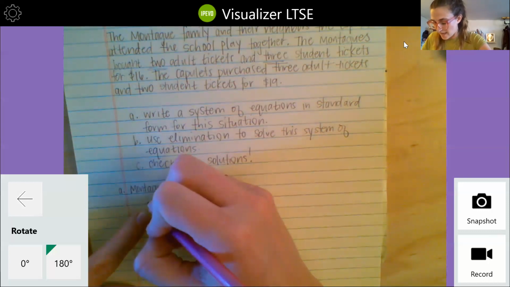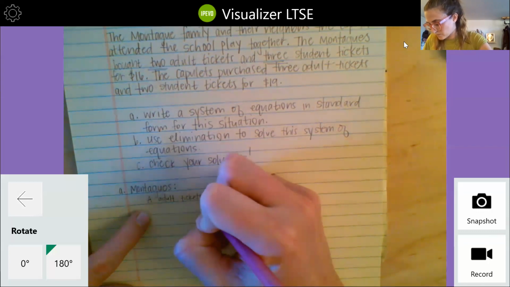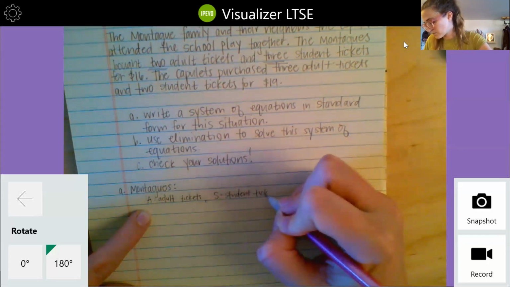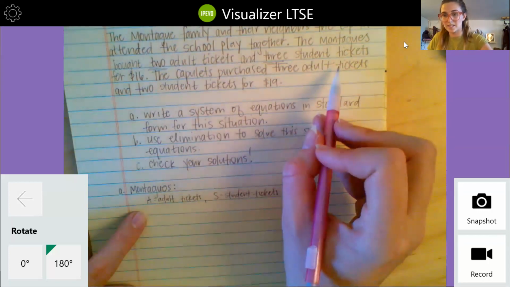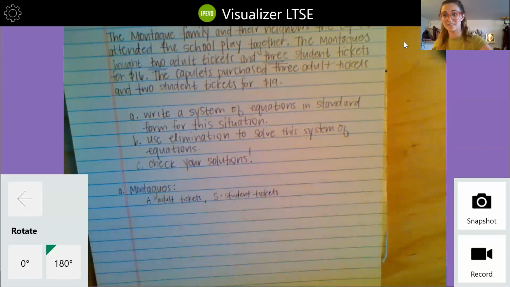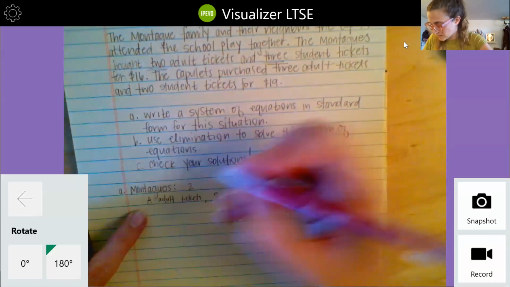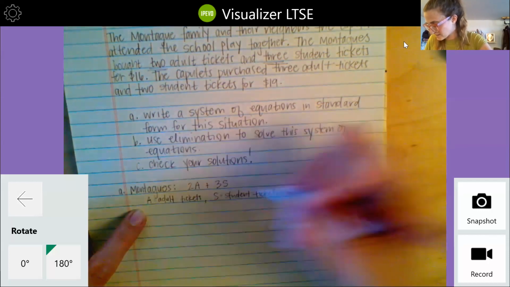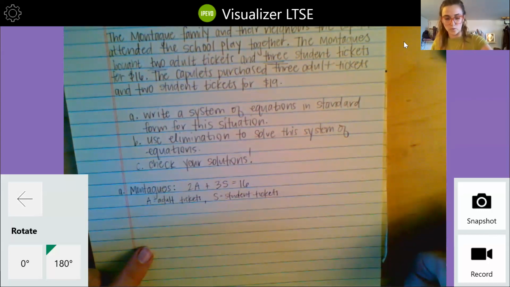Let's call our adult tickets A and our student tickets S. So they bought 2 adult tickets, 3 student tickets, and when we added up the price, it equaled $16. Therefore, we would have 2 times A plus 3 times S equals 16. 2A plus 3S equals 16, right?